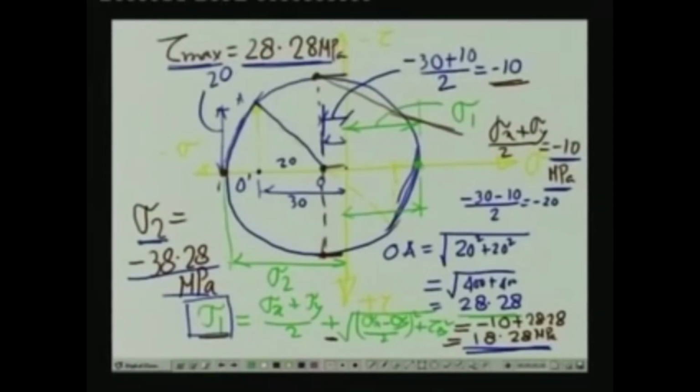Also, we can evaluate the position of these planes of maximum and minimum normal stresses with reference to the plane. Now, this is the plane which is representing the vertical plane. The normal to the plane coincides with the x axis, which we call the x plane.